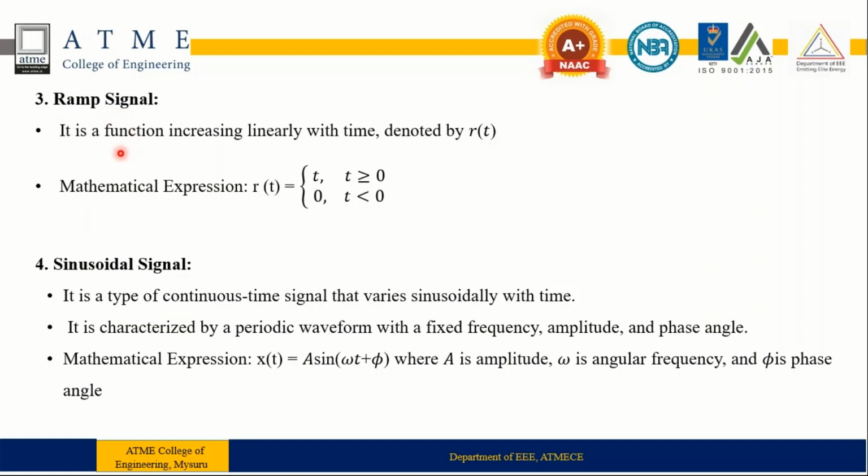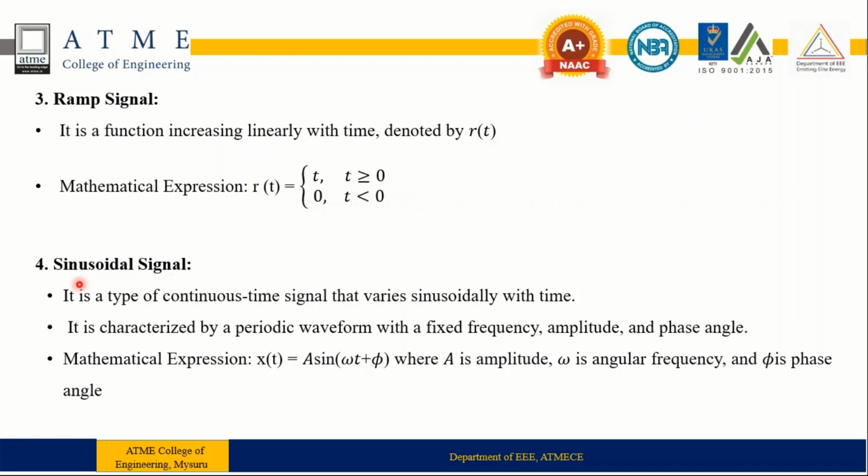Further, we have the ramp signal. It is a function increasing linearly with time, which we denote by r of t. Mathematically r of t is equal to t for t values greater than or equal to 0, and it is 0 for t less than 0.